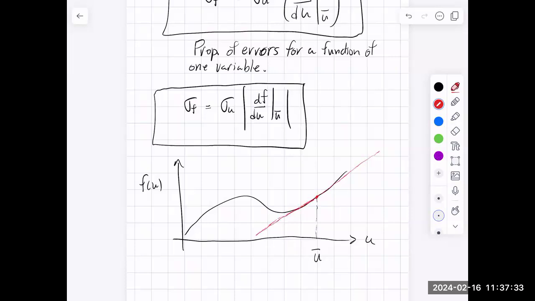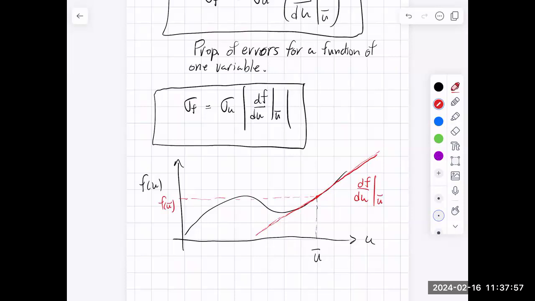And this is df du evaluated at u bar. And if we go across to our axis over here, this is f evaluated at u bar. Okay, fair enough.